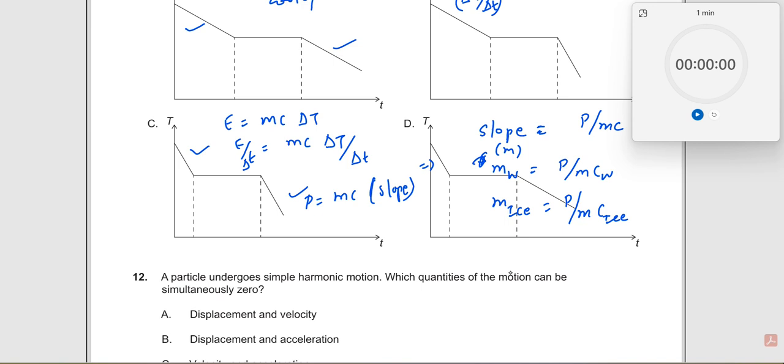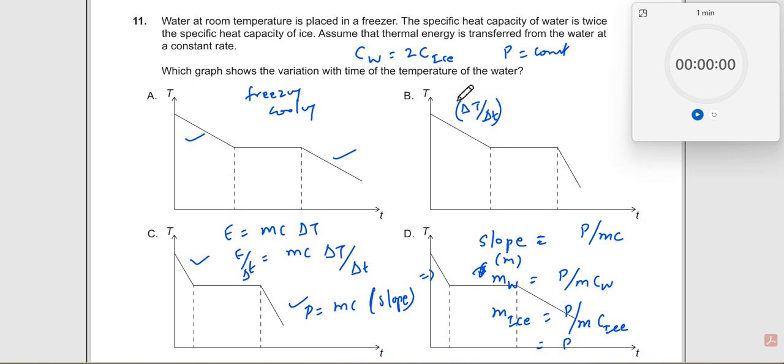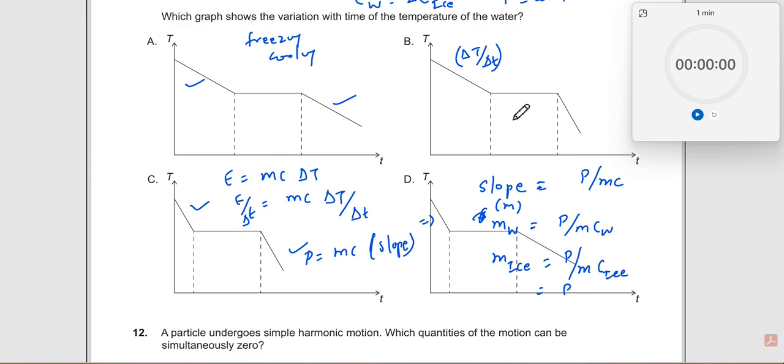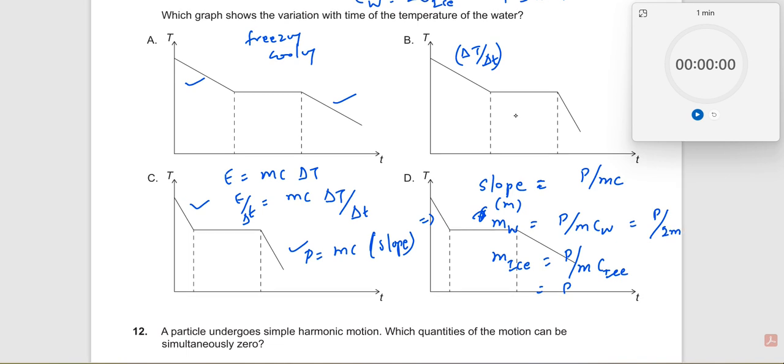Now, what I will do is, I will write m ice to be equal to P divided by, or maybe, what do we know about m ice and m water? So, here you see C water equal to 2 times C ice, right? So, I will write this as equal to P divided by 2MC. I can't write here. Okay, I will do one thing.